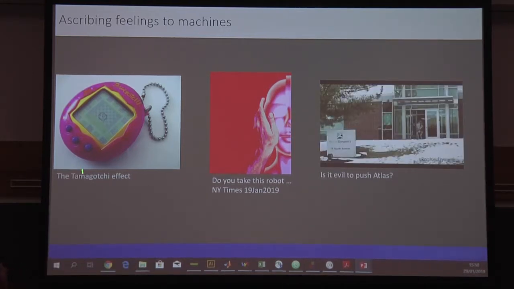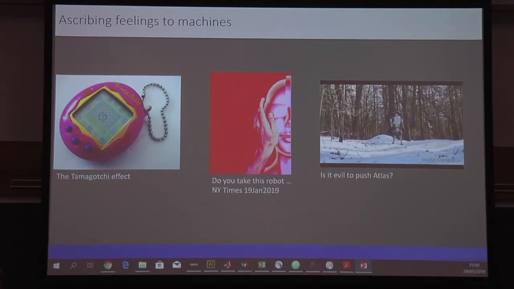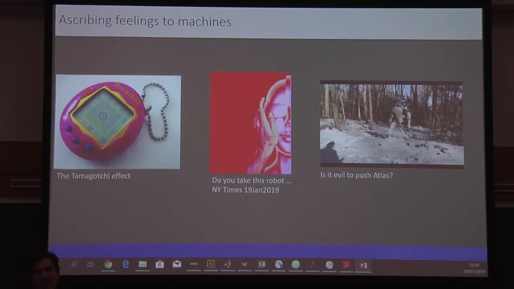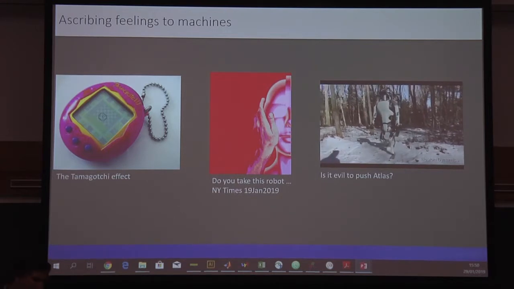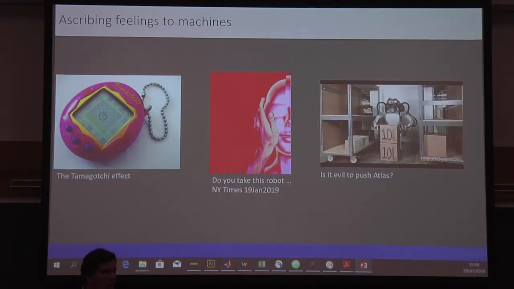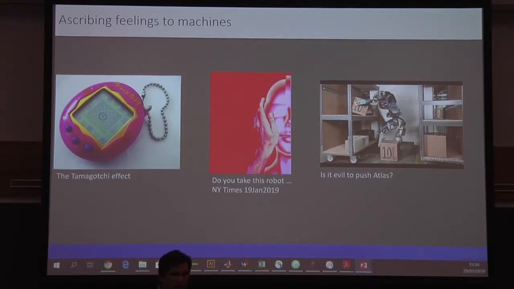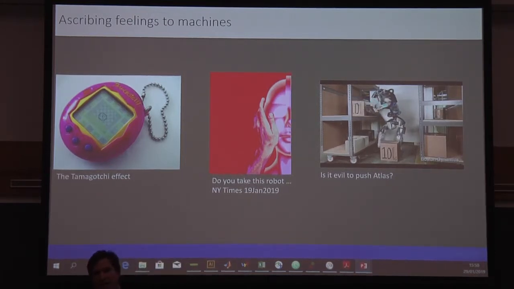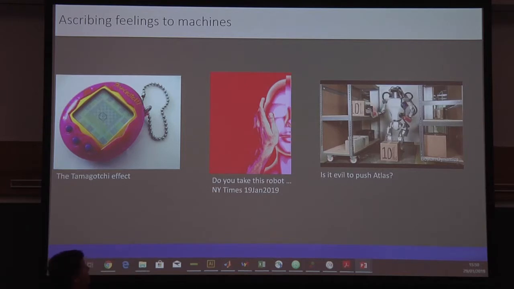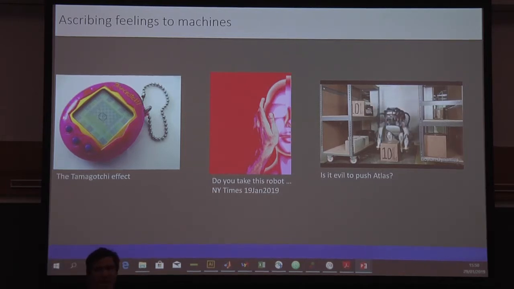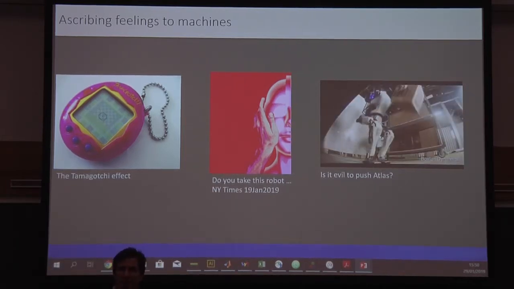One particular example, some of you may be familiar with these Tamagotchi devices. These are devices that I would argue have absolutely no intelligence whatsoever. Basically, there's a random number generator that dictates that all of a sudden the device is hungry, or it's sick, or it's happy, or it's crying.